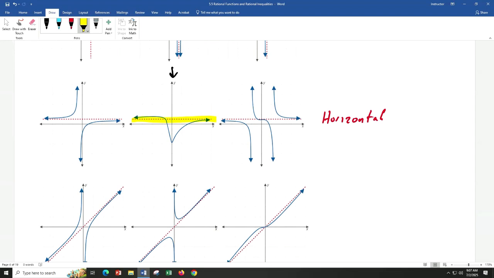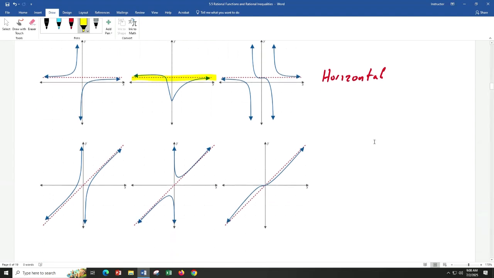And then you will have oblique asymptotes, which once again are allowed to cross. Notice this one right here. That one does cross, but it does tend toward a line. What type of line do you see there for that asymptote? Nope, just the line. I'm not worried about the function.